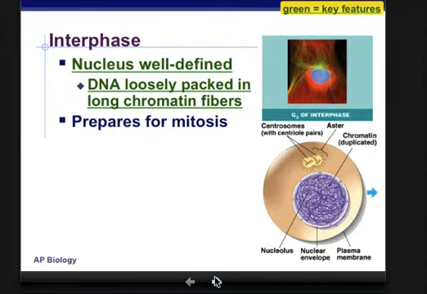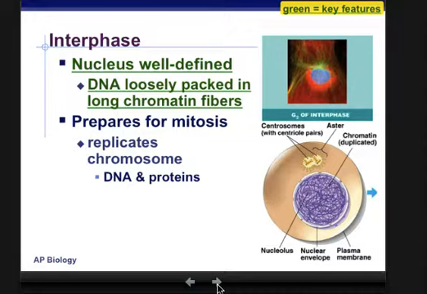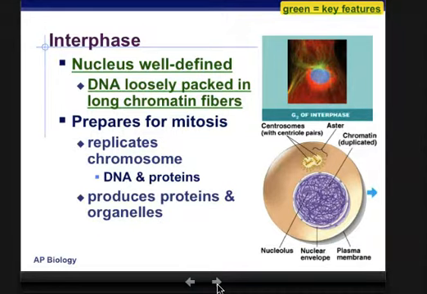All right, so this is before we're going into prophase. Right, so chromosomes replicated, the DNA and the proteins, and we produce proteins and organelles, all in preparation for mitosis. So you've got to have DNA, you've got to have all the organelles, and whatever proteins you need.